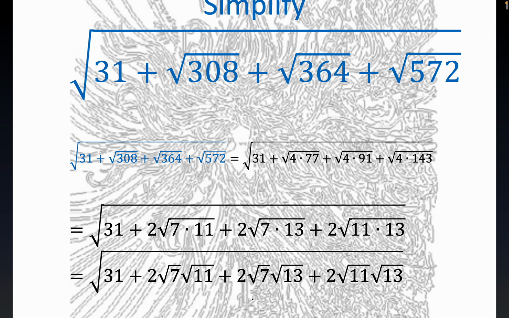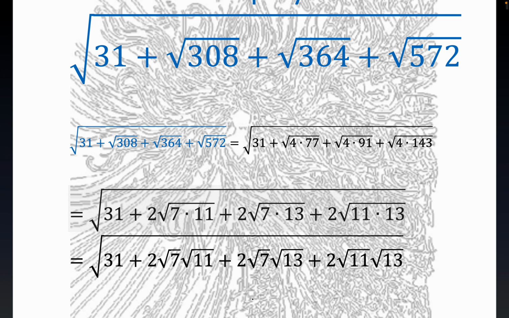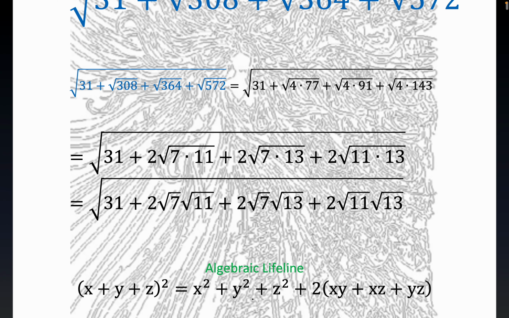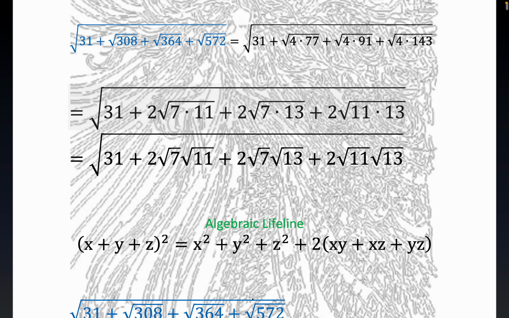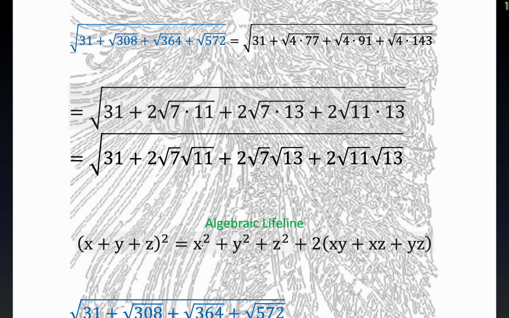Well, you just keep writing here, and it turns out there's another algebraic identity, the square of a trinomial, that gets the job done here. That's not altogether clear, but if you take a look at this algebraic lifeline, shall we call it, notice that you can assign x to be the square root of 7.